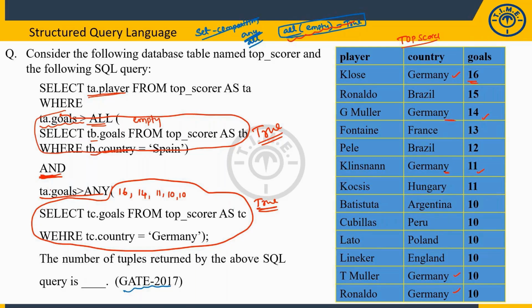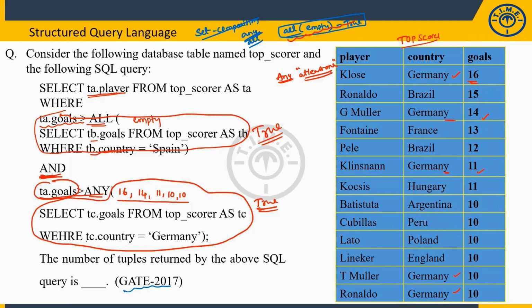Now the second condition: ta.goals greater than ANY of 16, 14, 11, 10, 10. ANY requires the greater-than condition to be true for at least one of these values. What is the meaning of ANY? The condition is to be true for at least one value.